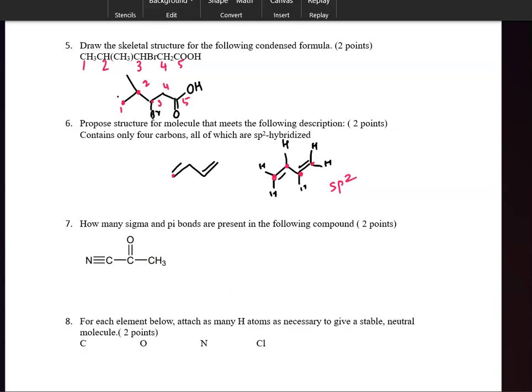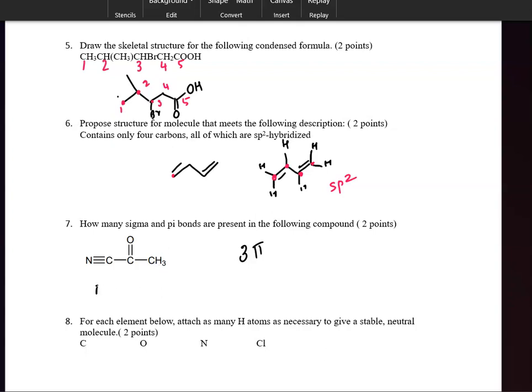hybridized. Next one was how many sigma and how many pi bonds are there. So if you count, there are only 3 pi bonds. And then how many sigma? 1, 2, 3, 4, 5, 6, 7. Okay, so there are 7 sigma bonds in this molecule because you have hydrogens connected to the carbon, which are also sigma.